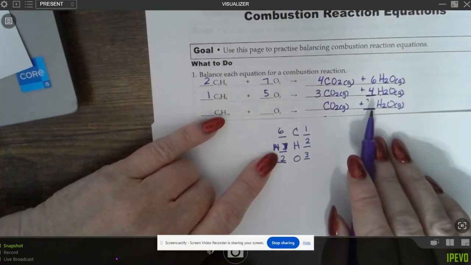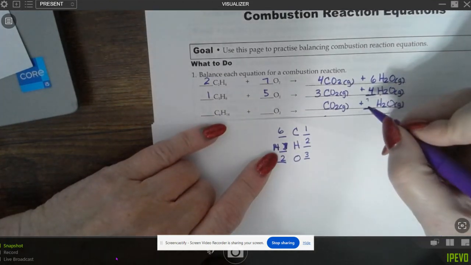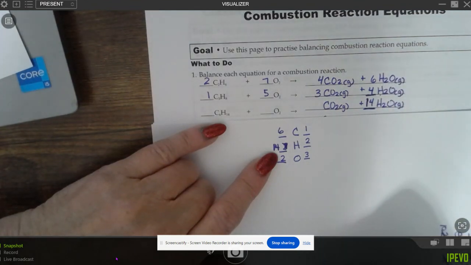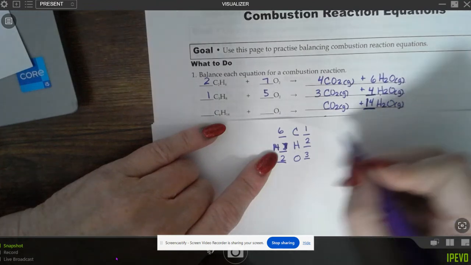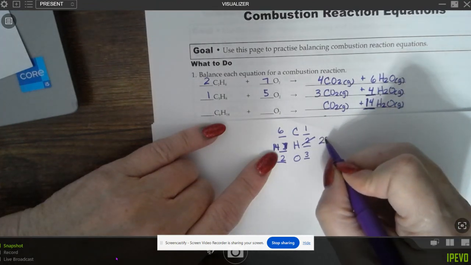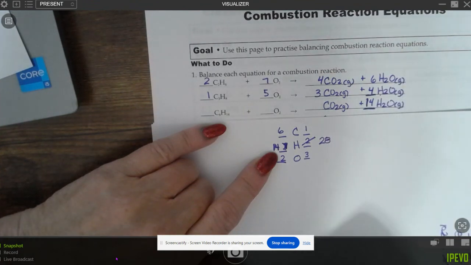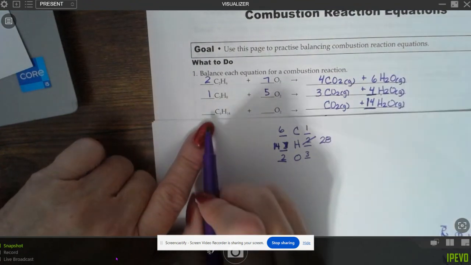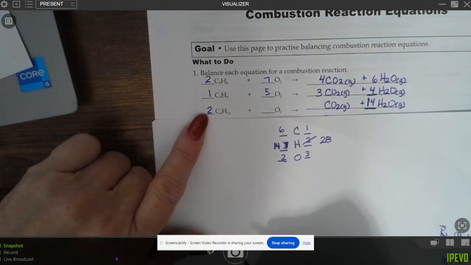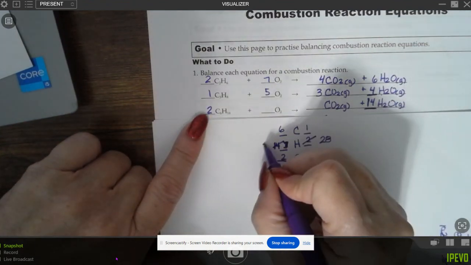So instead of a 7, this is where the 7 was. I'm going to double that. So I'm going to put a 14 there. Okay? So 14 times 2 is 28. Okay? That's 28 hydrogen. So over here, in order to get 28, I have got to do 2 times 14. So now I have 28.